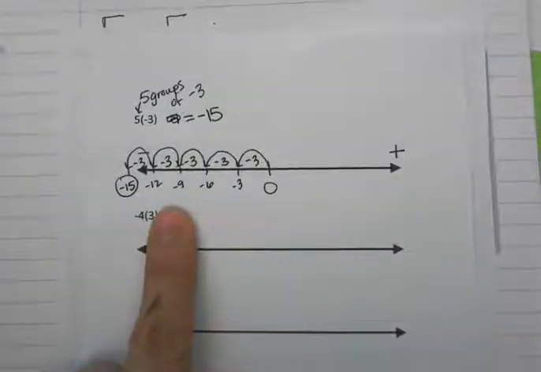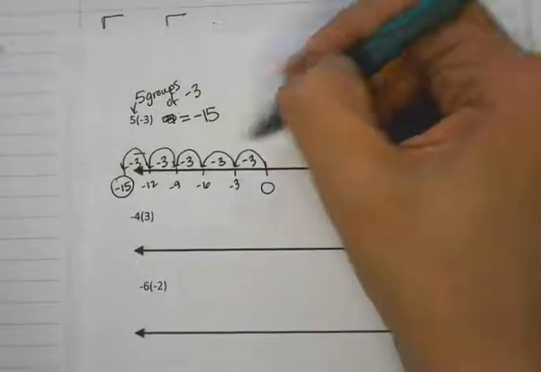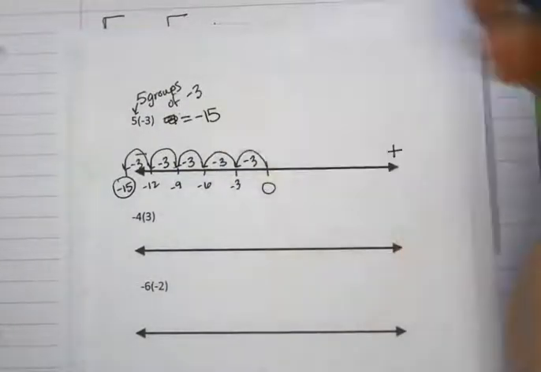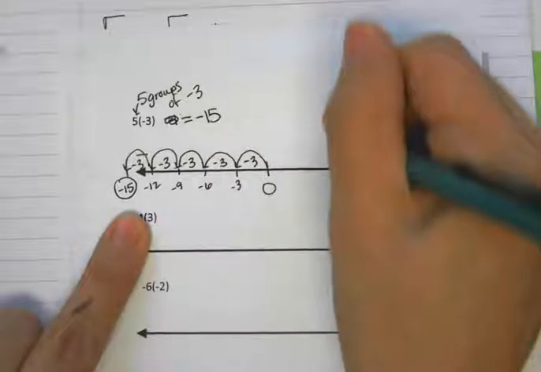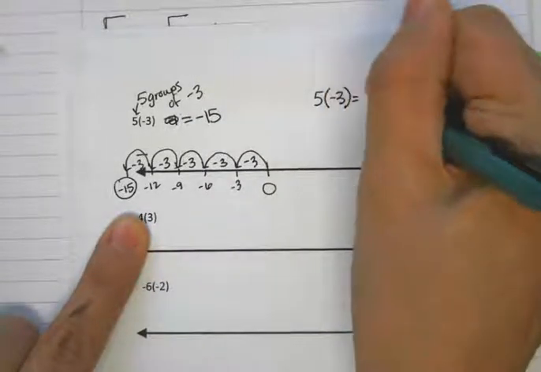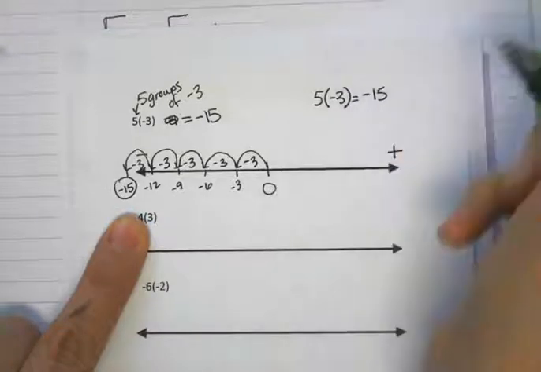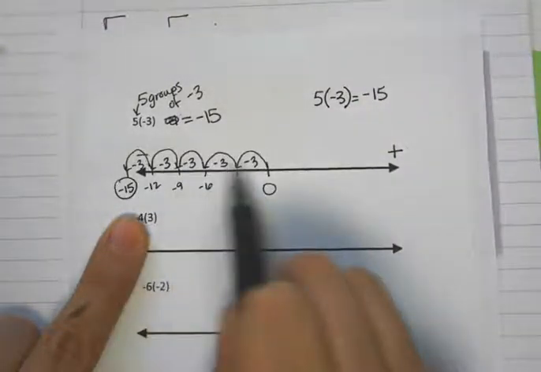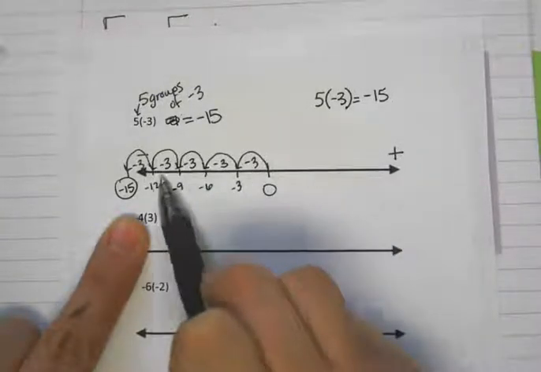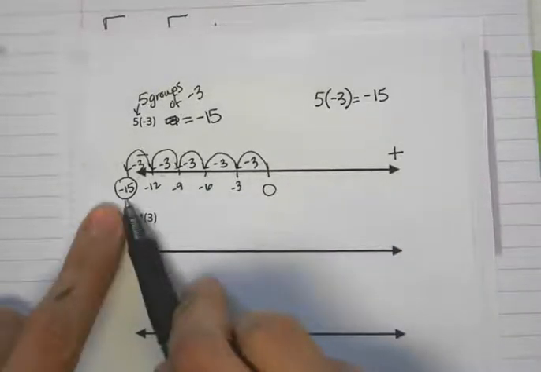So when I look at this model, what I hope that you understand is that this model can represent multiple problems. So this model represents 5 times negative 3 equals negative 15. Because I have 5 groups and negative 3 inside of each group, and I end up at negative 15.